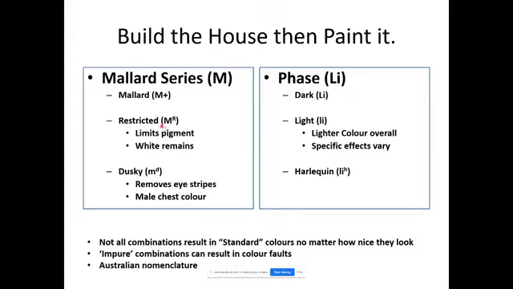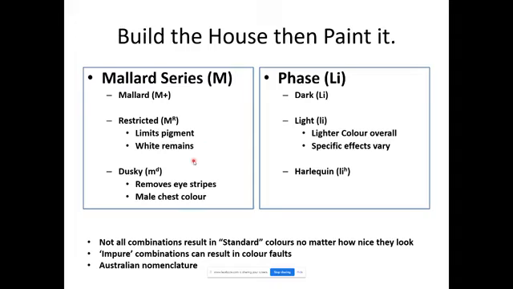We have the mallard restricted allele, which again is dominant over the next one, so it has a capital M, and it has this little superscript R that denotes that it's a variant of the gene to the wild type version, and what it limits is pigment, but it does tend to leave sections of white in the multicolored pattern.